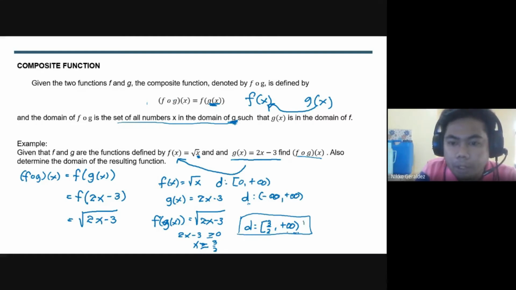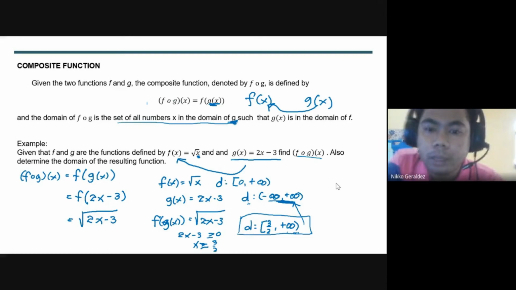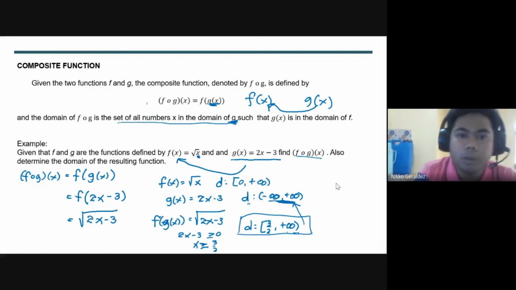Part pa rin naman siya nito. 3 over 2 is a positive number, so 3 over 2 to positive infinity is a subset of this domain. So, basta tandaan natin, tignan natin yung domain ng input function sa pagsusulat ng domain ng composite function.